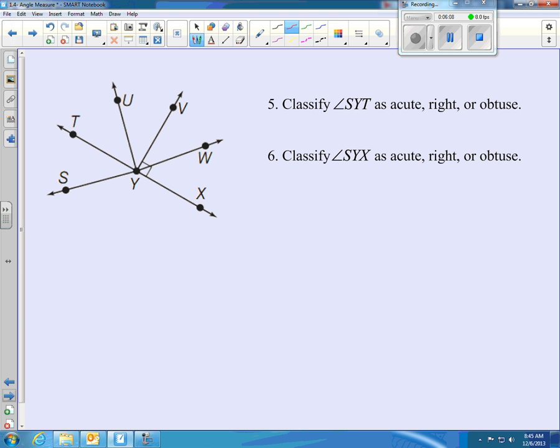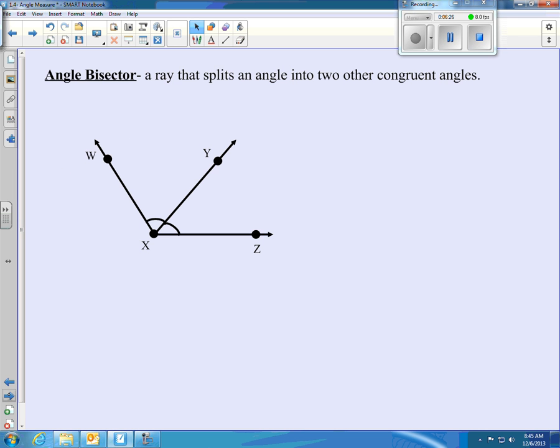So 5 says classify SYT, and 6 asks for SYX. All right, so you guys can classify those basic angles for us. Bring those for the next day we have class.